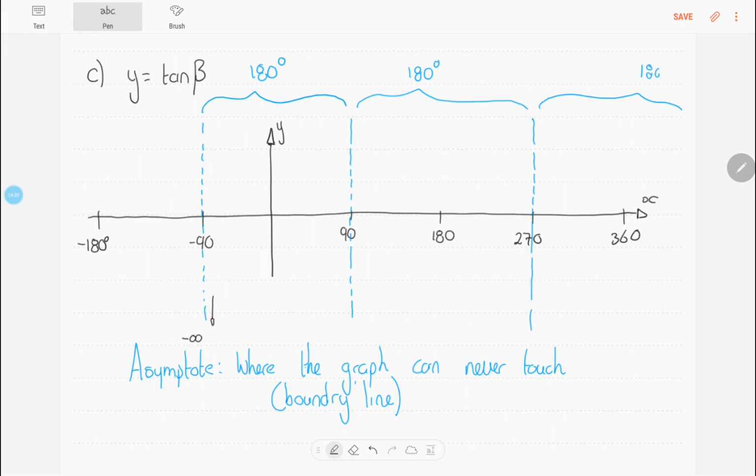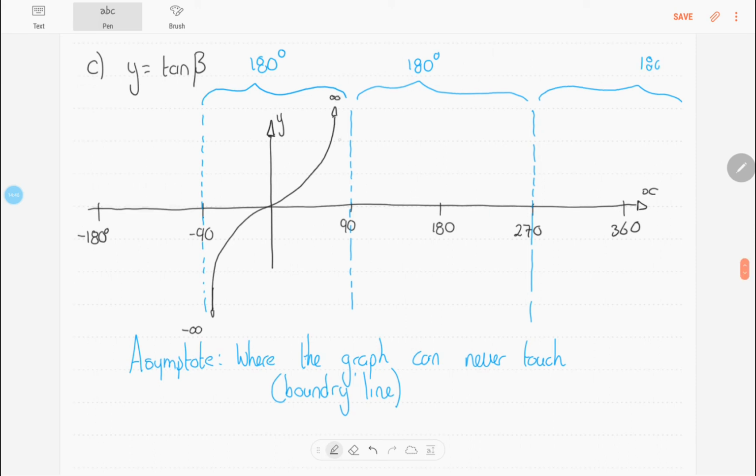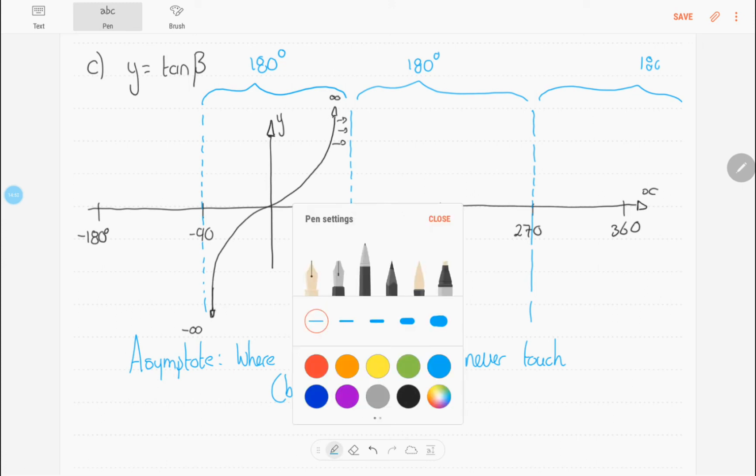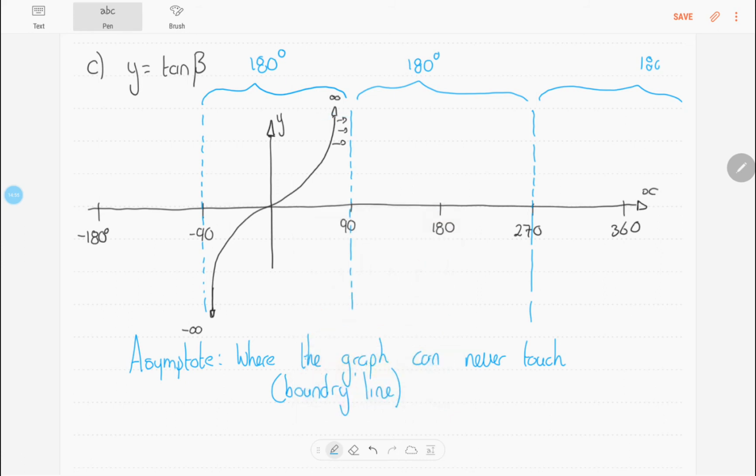It's going to come up, swerve like this, hit the origin, and then go all the way up to positive infinity. All the time it's getting closer and closer to that asymptote. Just remember when you're drawing your tan graphs, remember to draw these arrows that I've just highlighted in blue. You must draw them to show that the graph continues forever.